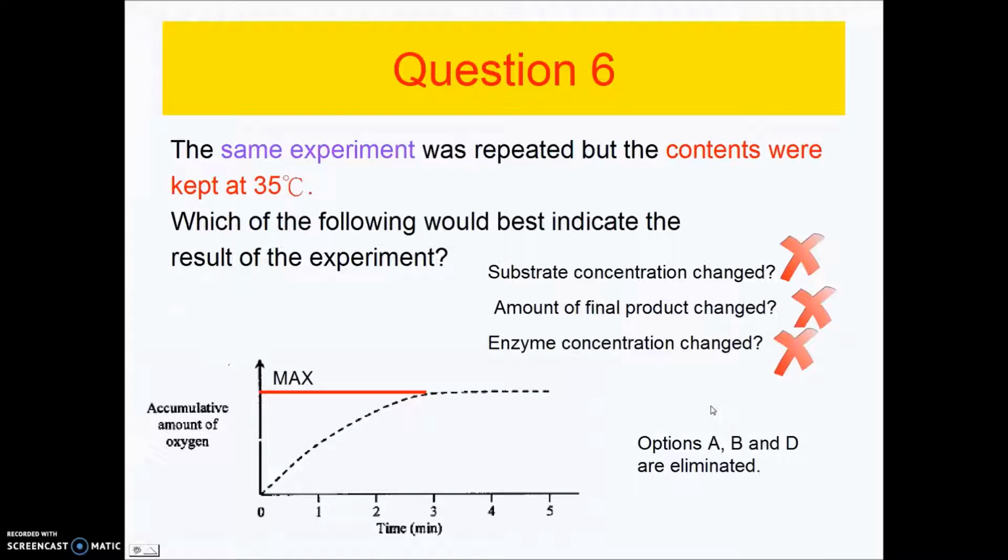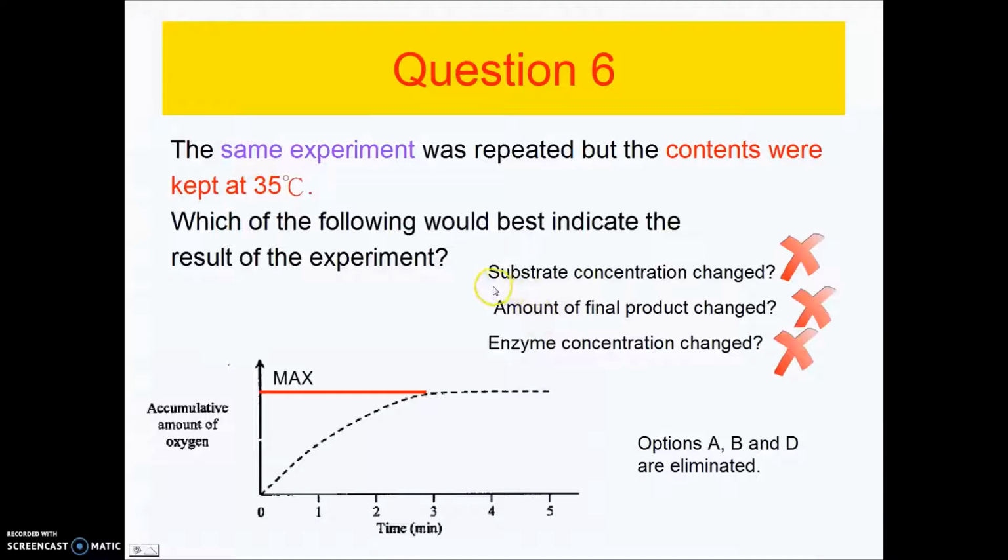So for question 6, it talks about the same experiment which was repeated, but the contents were kept at 35 degrees Celsius. So the following questions we need to think about: substrate concentration, any change? No change because we just used the same experiment.